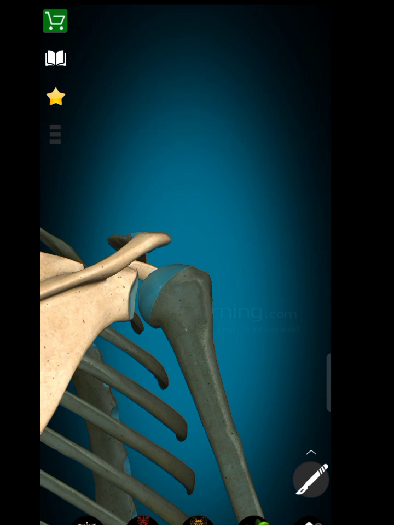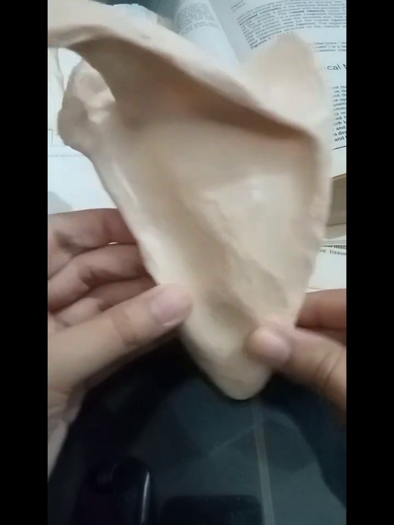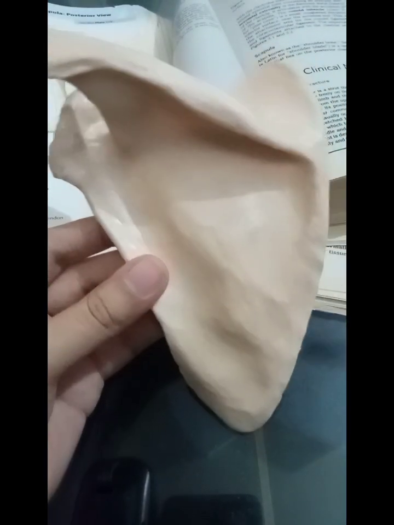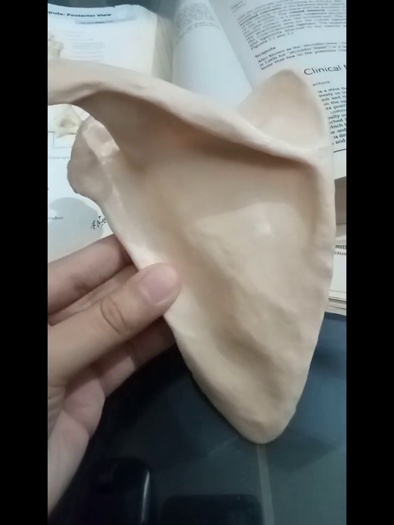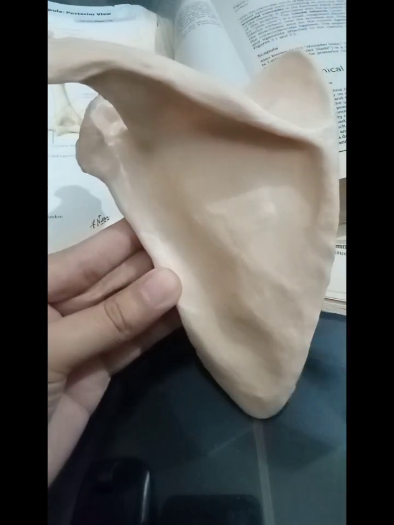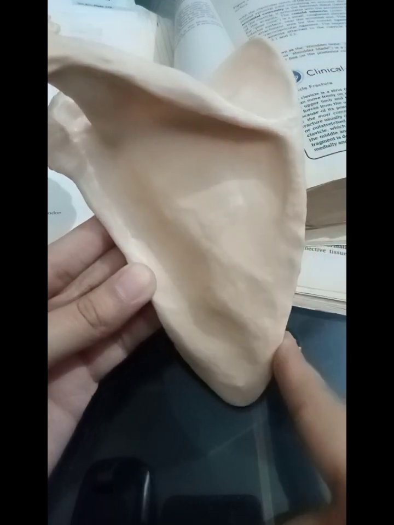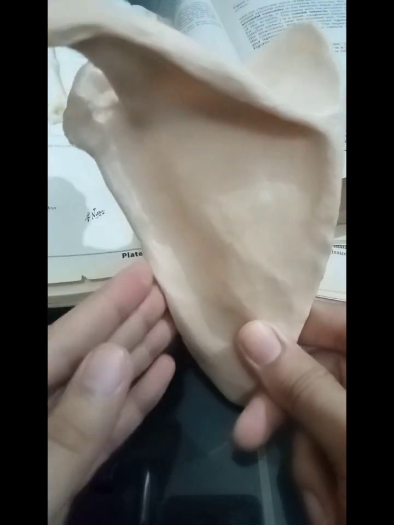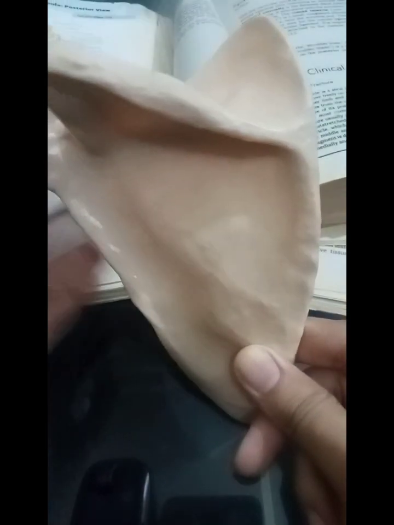Now let's see the borders, surfaces and angles of the scapula. Now let's talk about the scapula, that is the shoulder blade. The bone is triangular and has three borders: medial, lateral and superior.